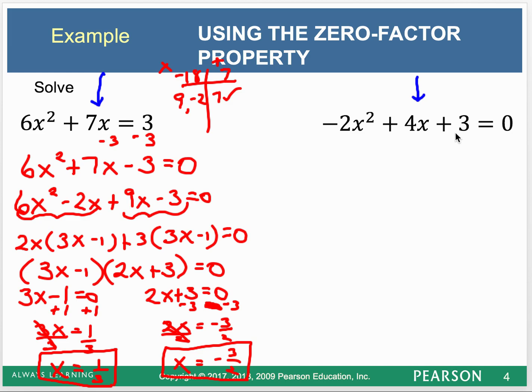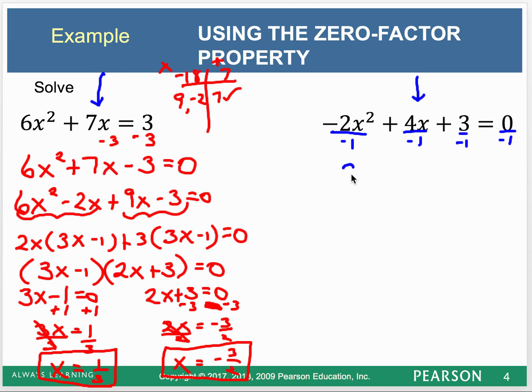All right, let's try it again. This one is already set equal to 0, so I'm good with that, but when I'm factoring, I don't want a negative sticking out front here. So I'm going to go through, and you can either think of it as multiplying everything by -1 or dividing everything by -1. I just have to get rid of that negative on the leading coefficient.